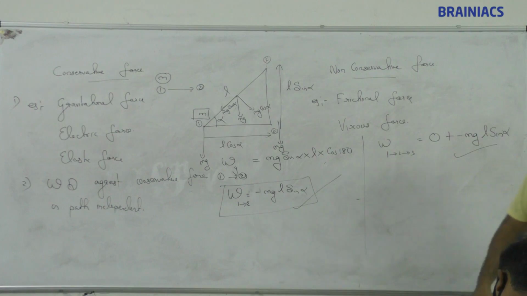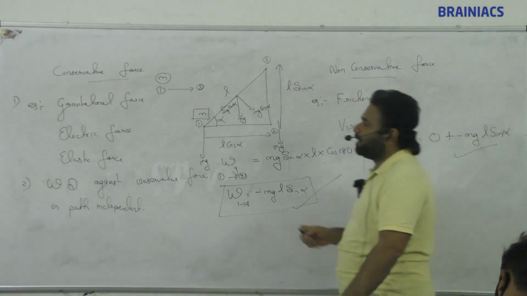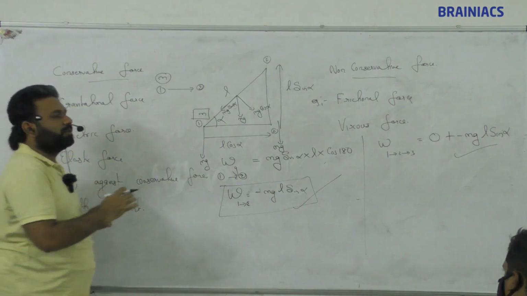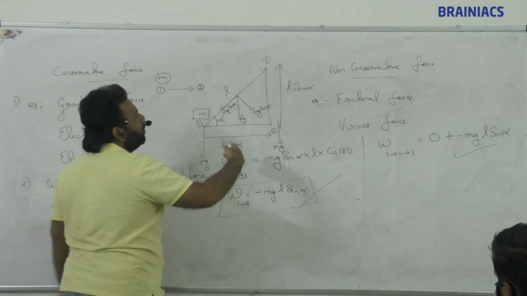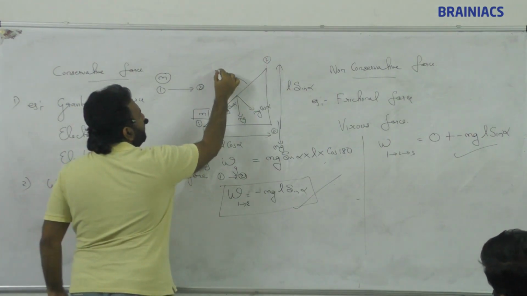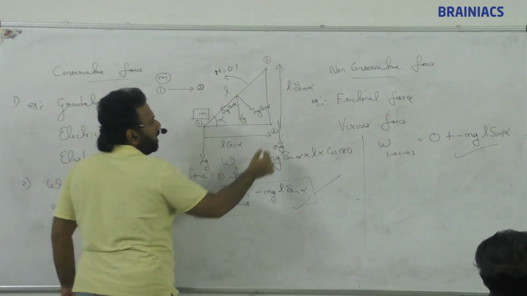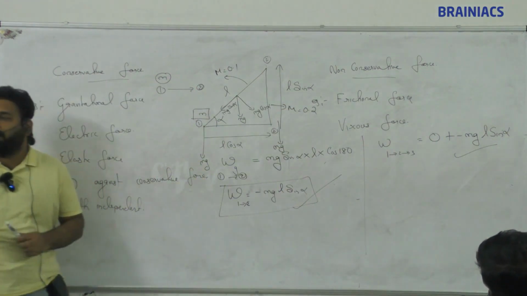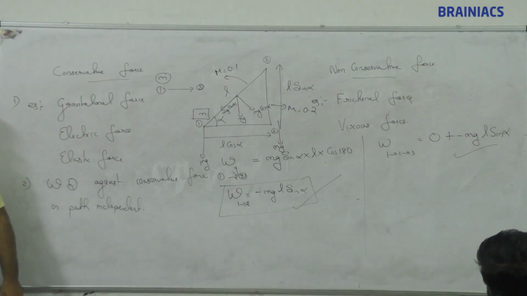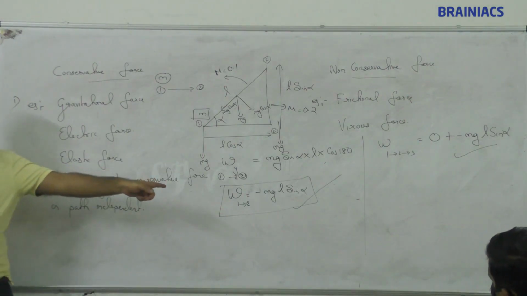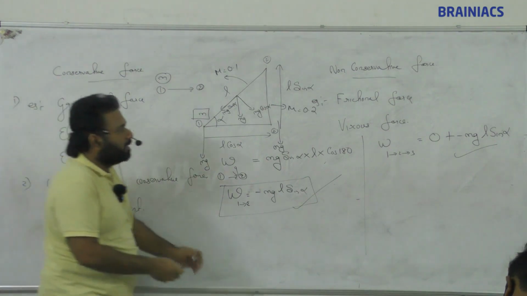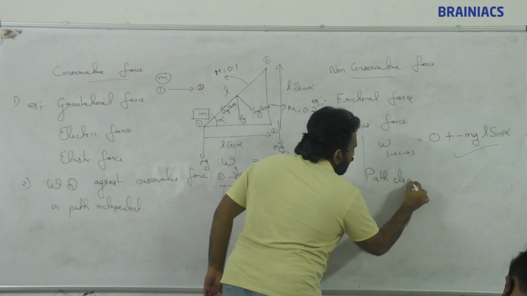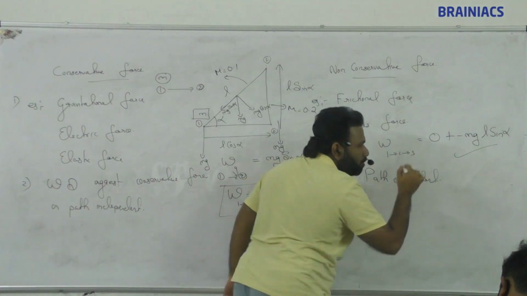Now suppose in the same example I try to find the work done by friction. With one statement things will go wrong. Here if mu is equal to 0.1 and here if mu is equal to 0.2, things will become different, right? So a non-conservative force is path dependent.